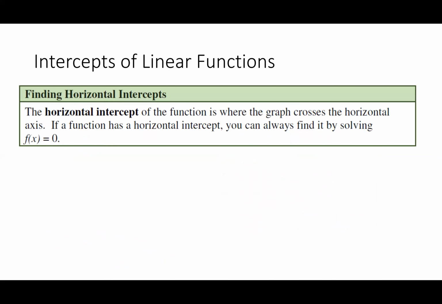All right, now, the horizontal intercept of a function is where the graph crosses the horizontal axis. So what that means is, if I look at the coordinate pair of a horizontal intercept or an x-intercept, the y value, or the f of x value, is going to be 0.